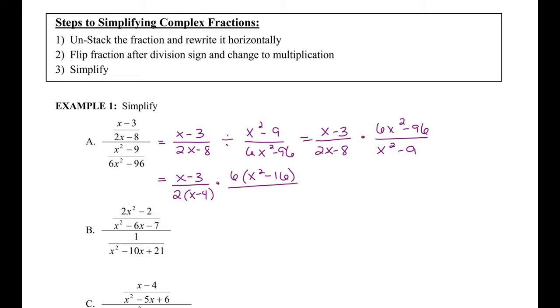And the second denominator is the difference of two squares. It factors to x minus 3 and x plus 3. We do also have to factor the second numerator one more time. X squared minus 16 factors to x minus 4 and x plus 4.